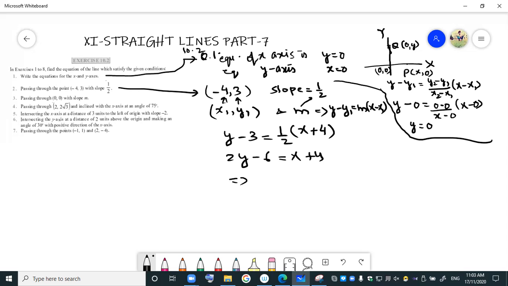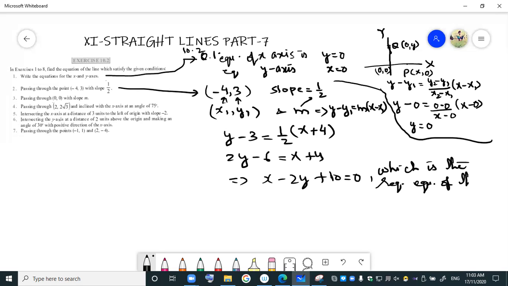Taking all terms to the right hand side, x minus 2y plus 10 is equal to 0. So this is the required equation of the given straight line.